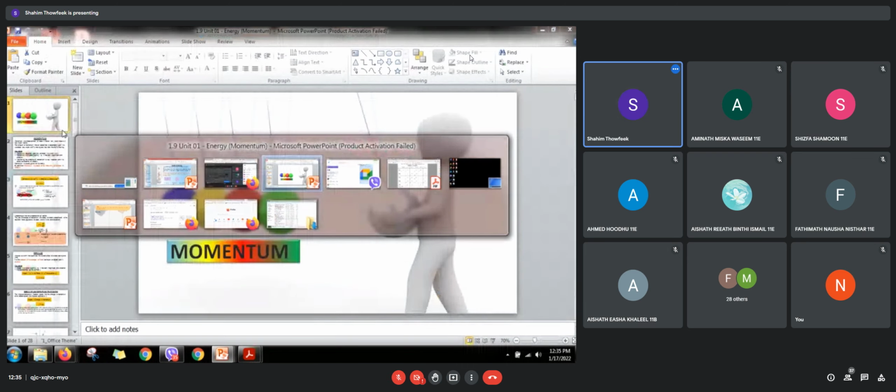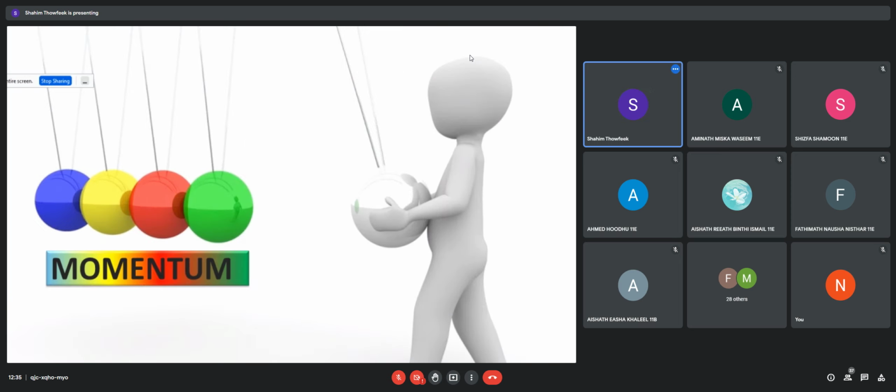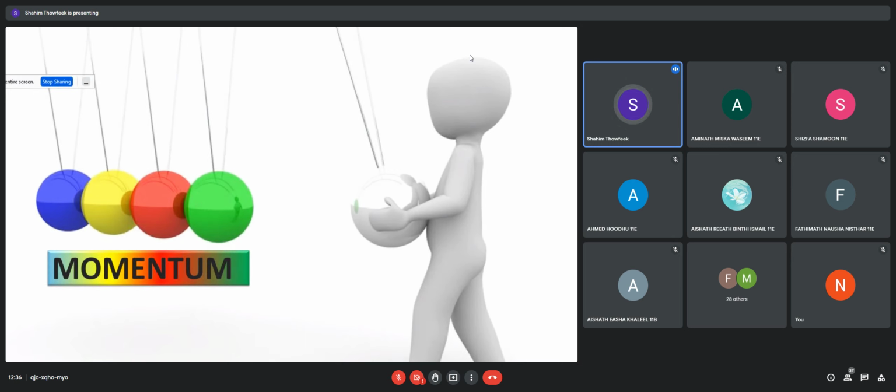We'll start the next topic today. It is momentum. Before that, there are two worksheets to be discussed, forces and moments. Please try to complete all the questions.